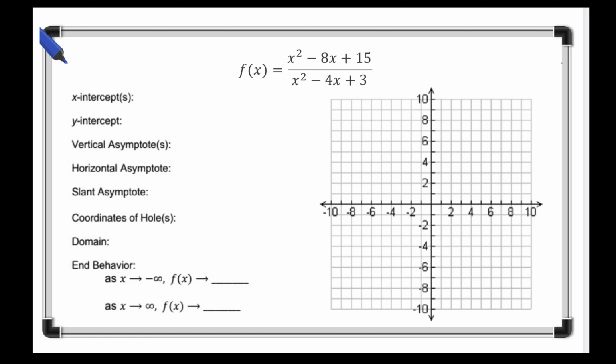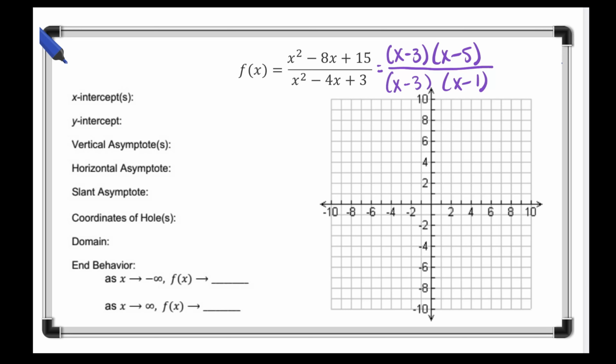Okay, in this question, you've got some trinomials here. I would recommend that you factor first, so it will be easier for you to find your vertical asymptotes if you have any holes, things like that. So my numerator, when I factor this, will be x minus 3 and x minus 5. And the denominator is also factorable, so x minus 3, x minus 1.